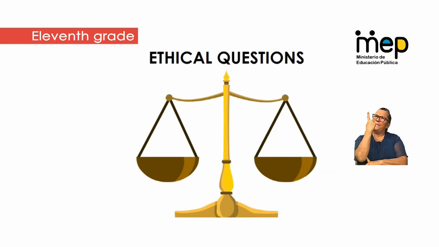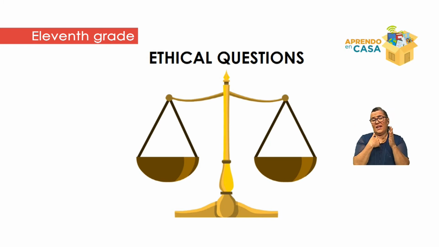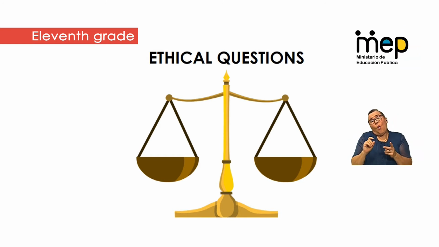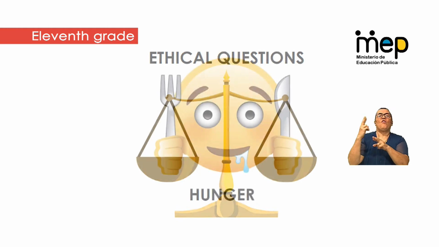Ethical questions. Guys, this is a very important part because everything related to technology has sometimes ethical issues, because people may disagree about having a robot inside your body or having a robot working instead of a teacher, for example. Okay, let's go to the next word.